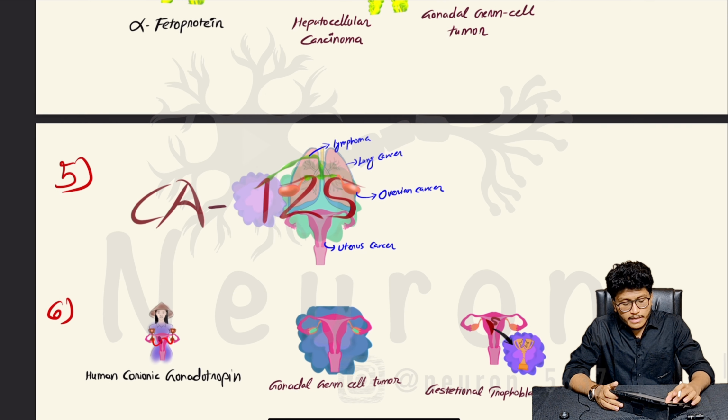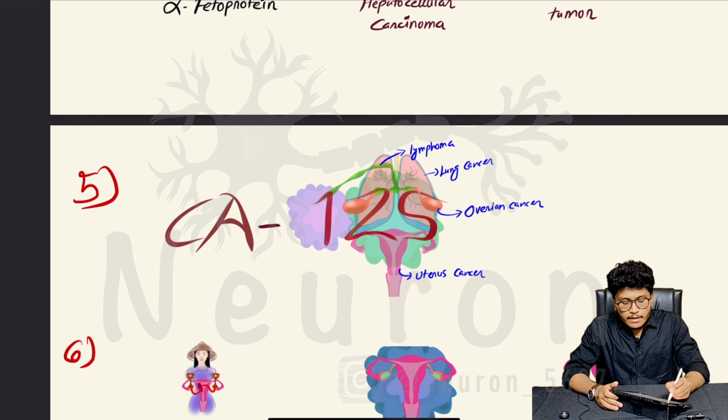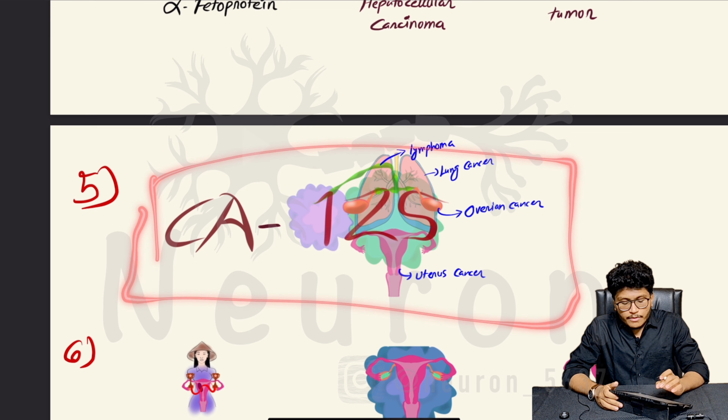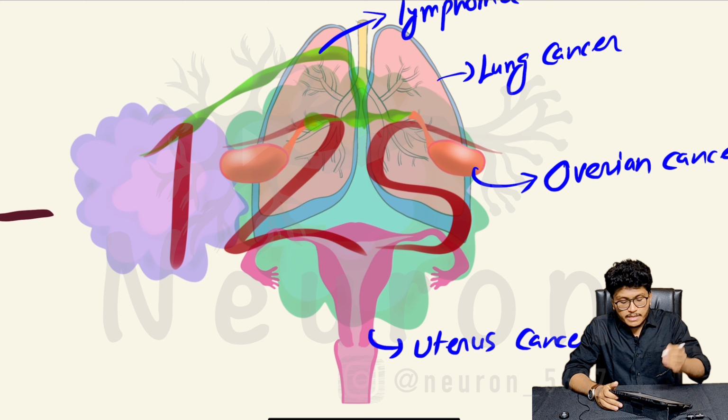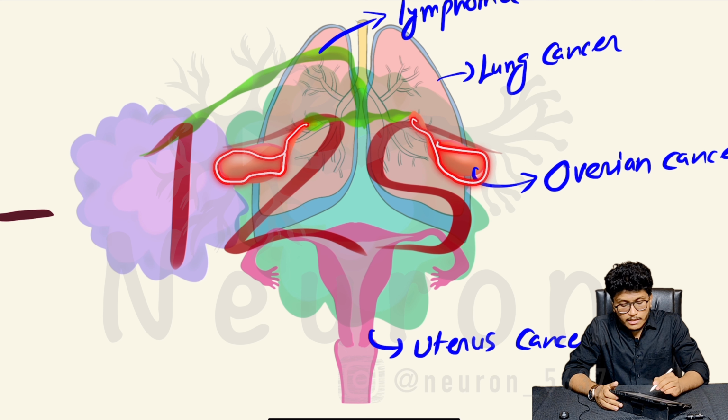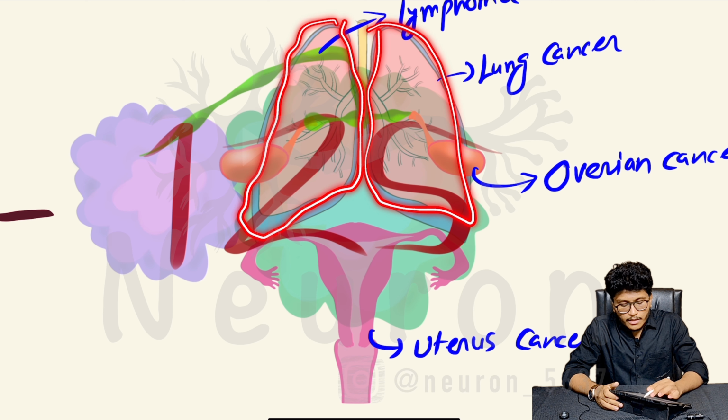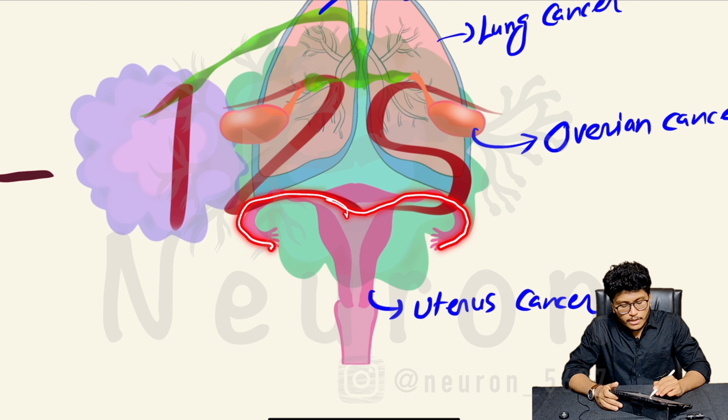Now let's move to the next tumor marker. So this is CA125. In CA125, this is 2 and this is 5. Both are mirror images. So in mirror images, the ovaries will be hanging here, the lungs will be here, okay, and this is the shape of the upper part of the uterus.